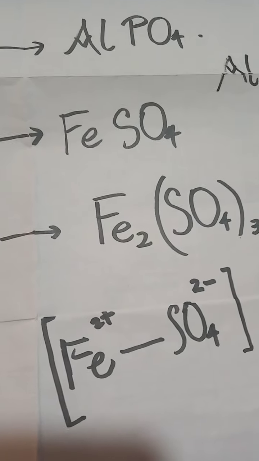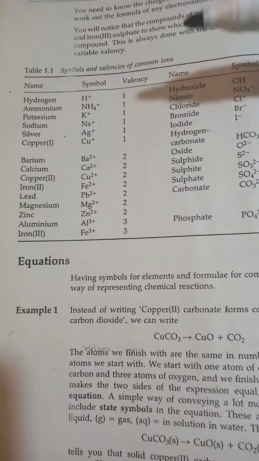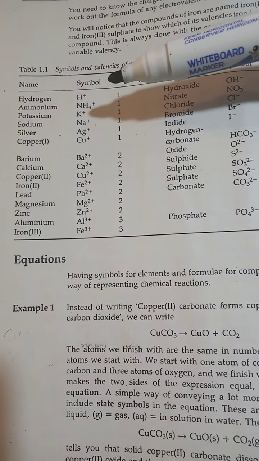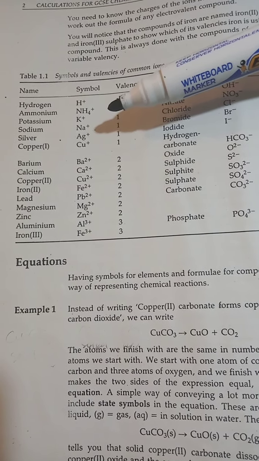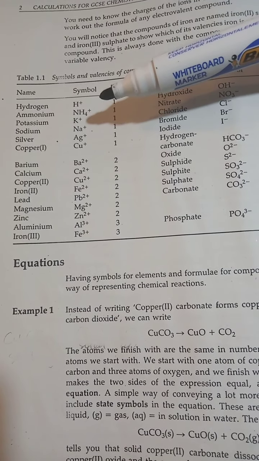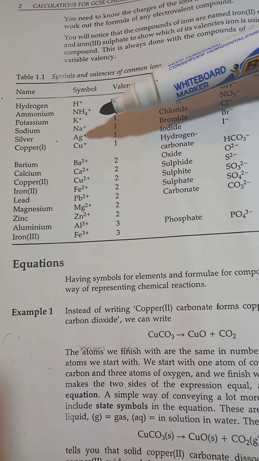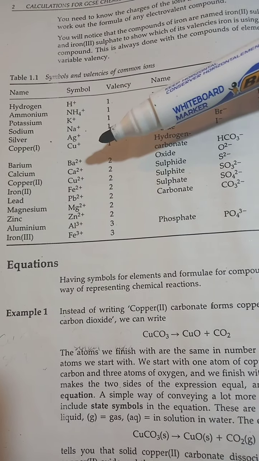Okay, so here's a valency table. We've got positive monovalent ions that are hydrogen, ammonium, potassium, sodium, silver, copper 1.